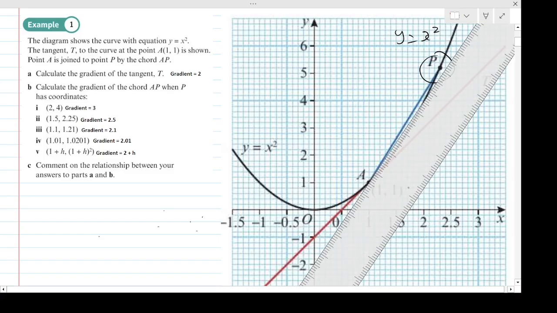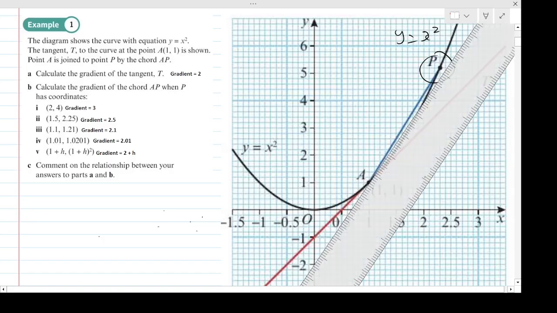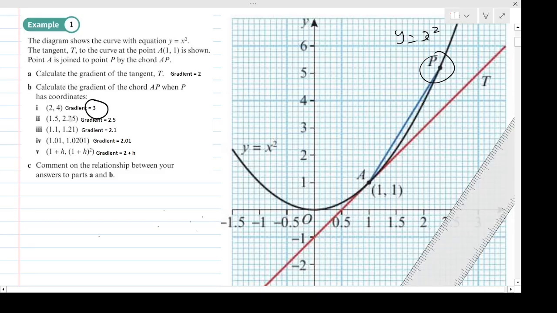The gradient of the line from A to P, when P is at x is 2, was 3. Then we moved P closer to A. Then we said, what if P is now when x is 1.5? So 1.5 would be here, so now P is there.